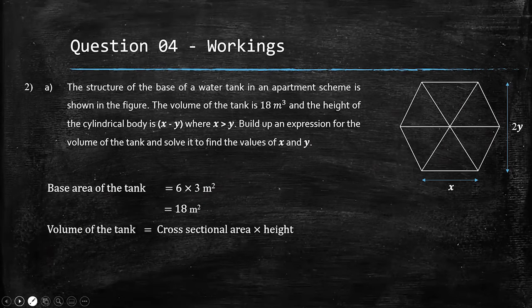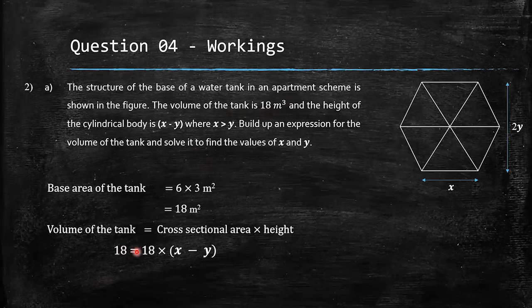Now let's do the volume. Volume of the tank will be the cross-sectional area, that means the base area of the tank, into the perpendicular height. Once we know the cross-sectional area, it is 18. So the volume is given as 18 cubic meters.